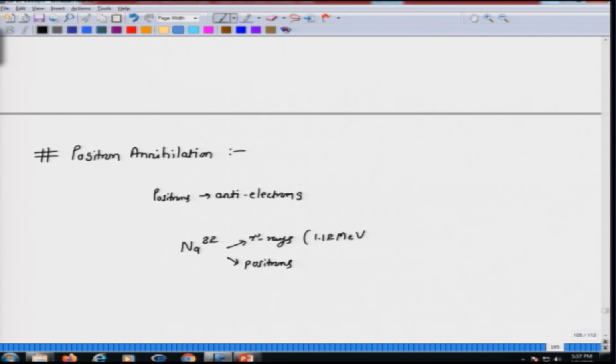So, the positrons will go into the piece of metal, and there they will combine with the free electrons of the metal and emit gamma rays of energy about 511 kilo electron volts.